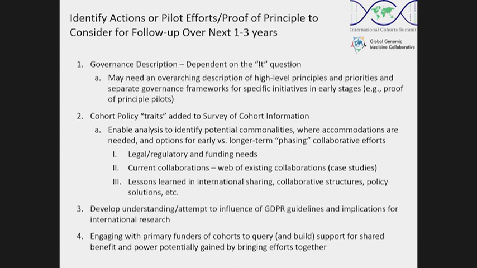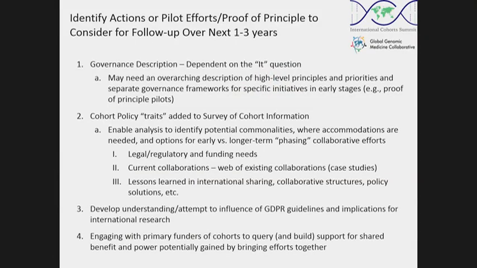Okay, so the last thing that we talked about was trying to think about specific action items for the near term. And we came up with a few to propose for the later discussion and for people to think through. One was, again, going back to this governance description once we can define what it is that we want to get to.